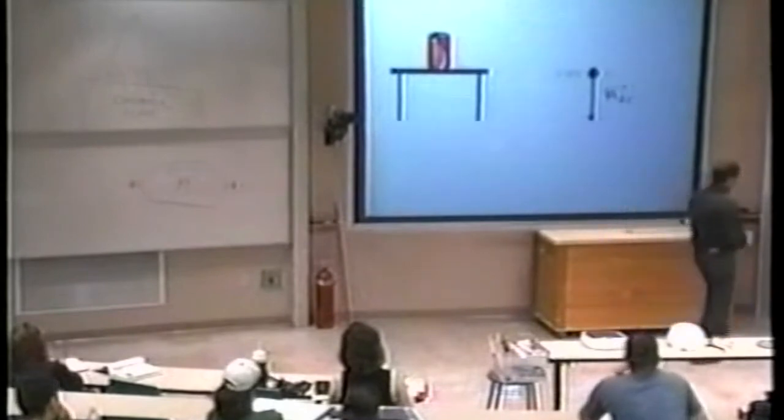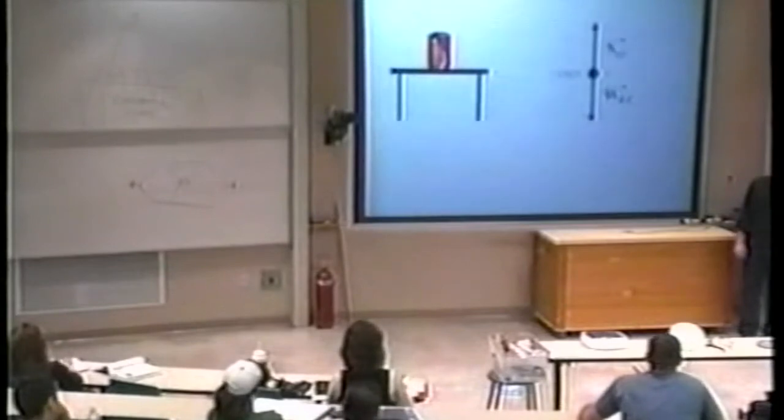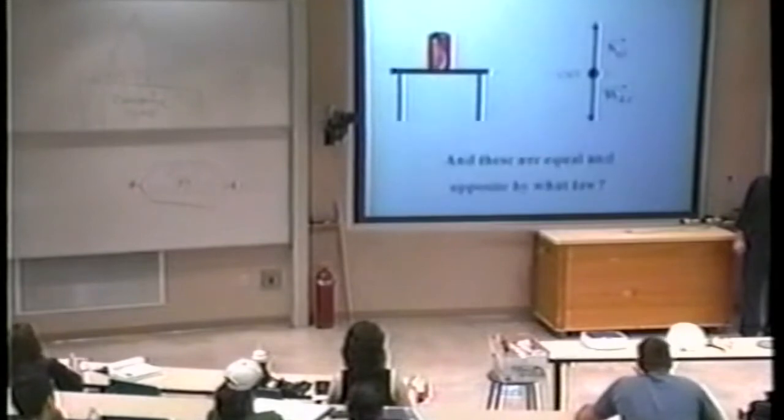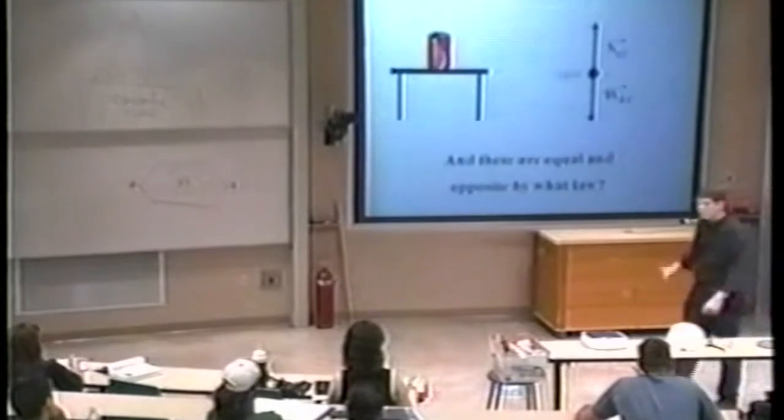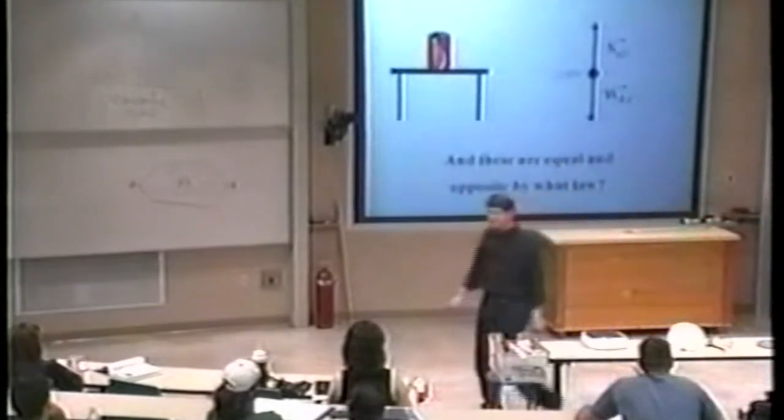Now, what other forces are acting on the can? Normal force, table on the can, and you notice that I drew that arrow the same length as that weight arrow. And so I would now ask the question, those two forces are equal and opposite by what law?